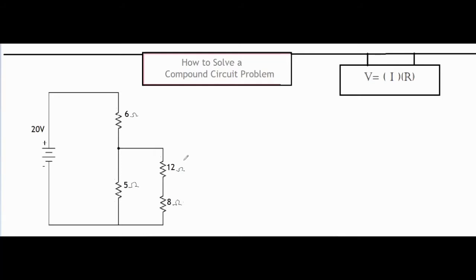The first thing I'm going to notice is that this 12 ohm resistor and 8 ohm resistor are in a little series circuit together, so I can go ahead and represent those as a 20 ohm resistor, and then I'm going to redraw the circuit to look like this.